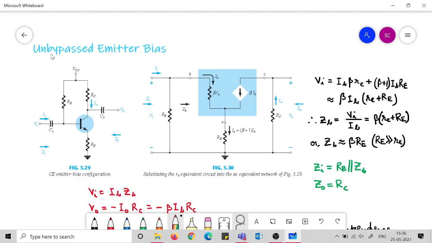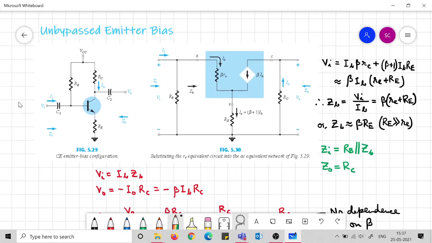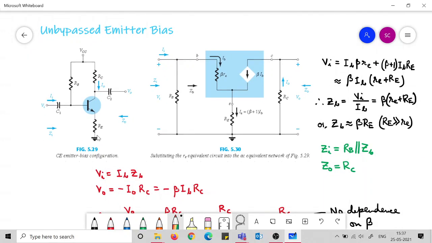Unbypassed emitter bias. Unbypassed emitter bias means what? In previous configurations you would have noticed that there is a bypass capacitor which is placed along with the Re resistance. Along with the emitter resistance, there was a bypass capacitor placed. In this configuration, the emitter resistance is unbypassed. There is no bypass happening here.